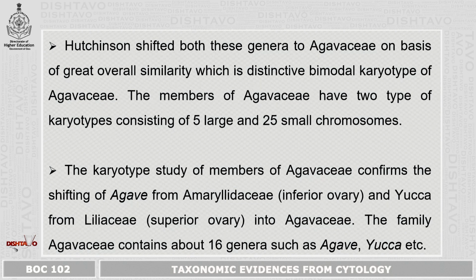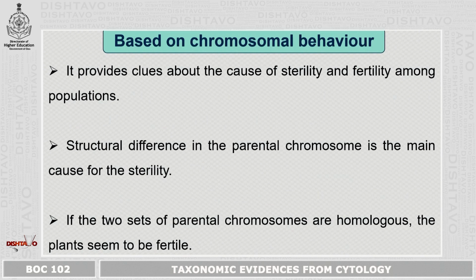The members of Agavaceae show two types of karyotypes consisting of 5 large and 25 small chromosomes. Now, the karyotype study of the members of Agavaceae confirms shifting of agave from Amaryllidaceae and yucca from Liliaceae into Agavaceae. The family Agavaceae contains about 16 genera such as agave and yucca. Now this shifting was basically done because both the plants show a distinctive bimodal karyotype.